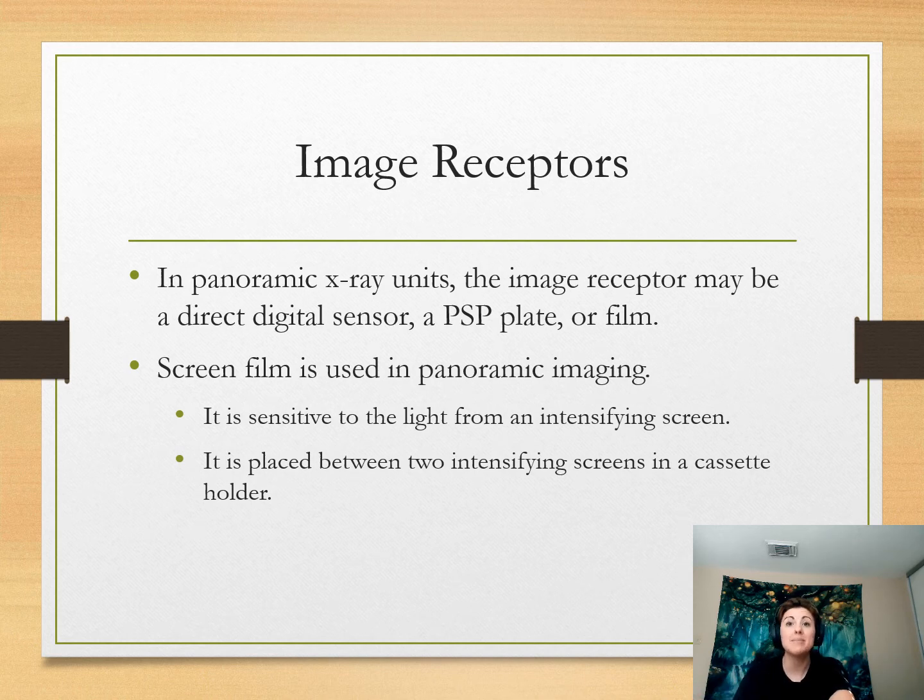But with the pano, we have no way of knowing. So unless we have intraoral x-rays that tell us, the patient's missing number 19, and then we look and we're like, oh, okay, 19 should be on this side, let me flip it over. We don't have a way to know which side is which. So it's really important that your cassette or the receptor, something along the way, has been marked with an R or an L that will help us orient the film correctly.